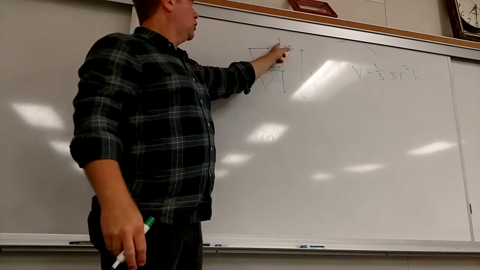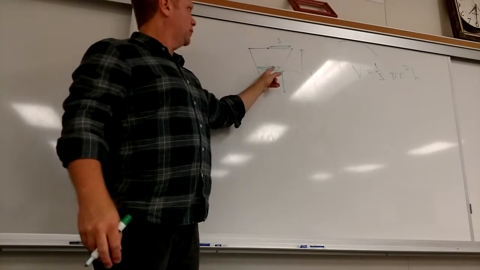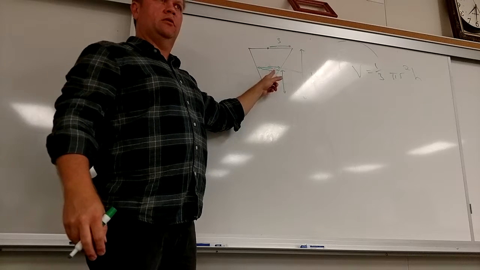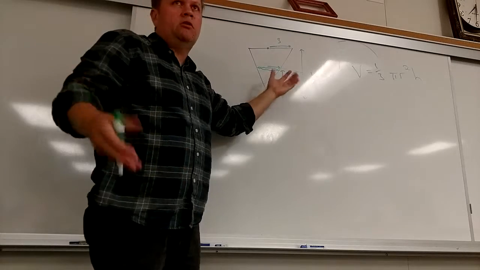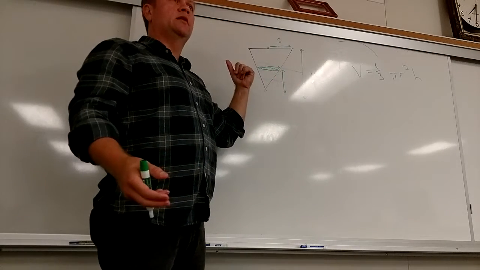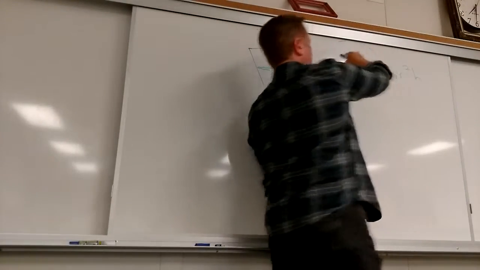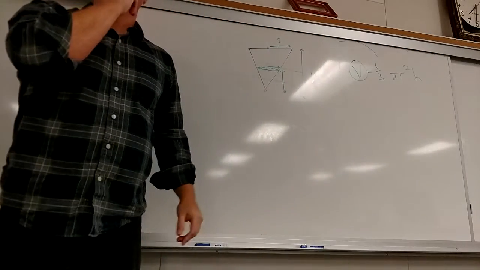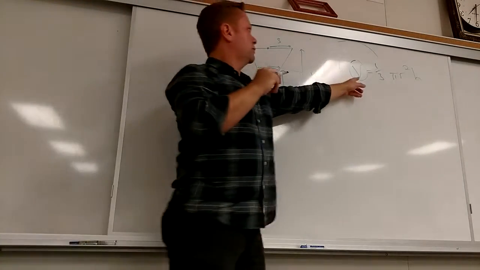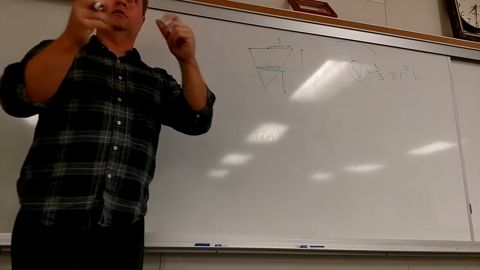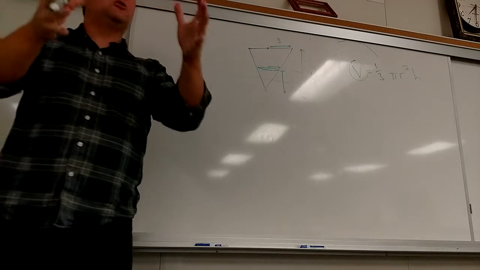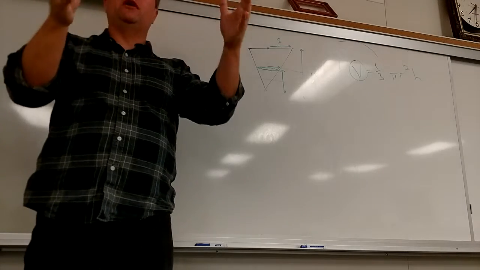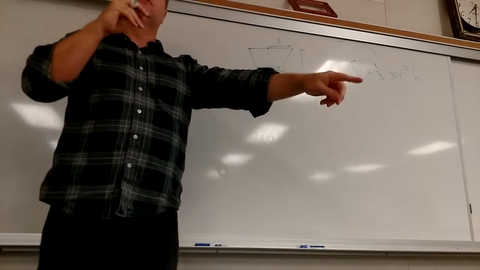And what is it they tell me these things? What am I going to label this with, of course? We already kind of gave it a letter, to be honest. Physically, what does this represent in the picture? What am I interested in in this problem? I know there's a cone there, but what am I really interested in? The water.